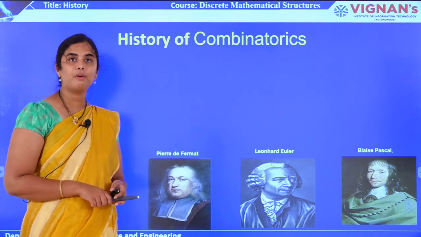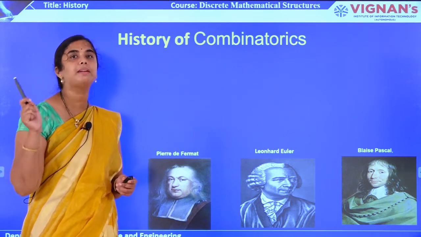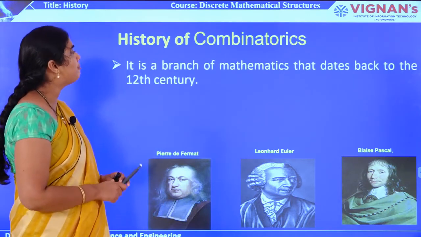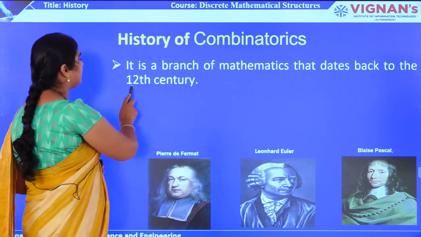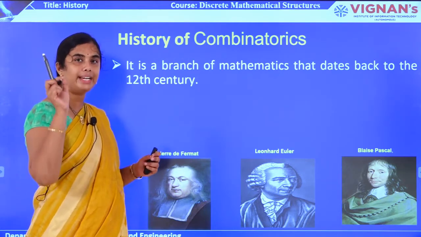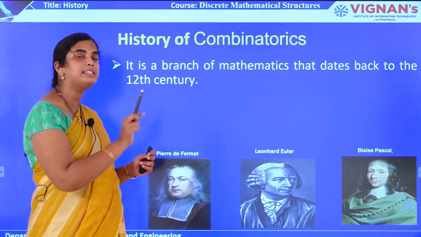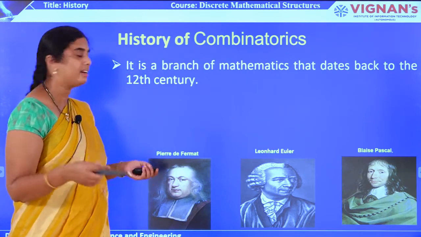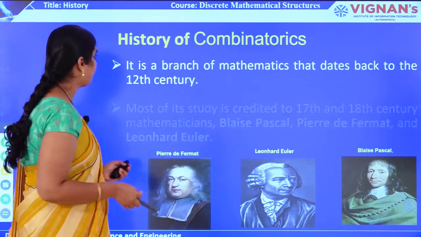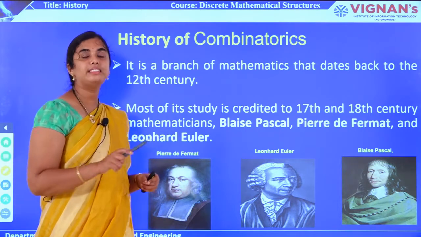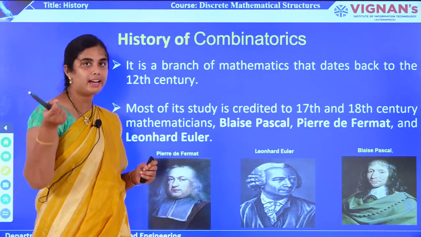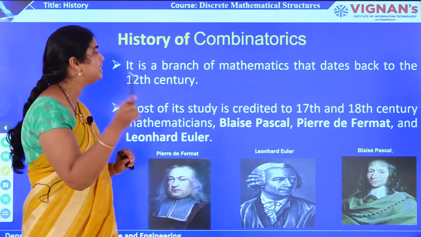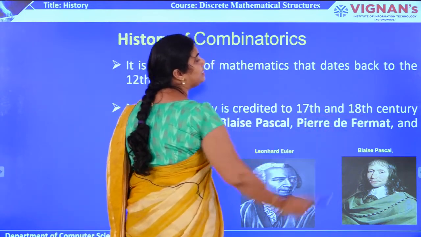So, knowing about history is mandatory. You should have a little bit of an idea of how and when this was invented. Firstly, it is a branch of mathematics that dates back to the 12th century. The idea of combinations arose in the 12th century, and that idea was implemented in the 17th and 18th centuries.